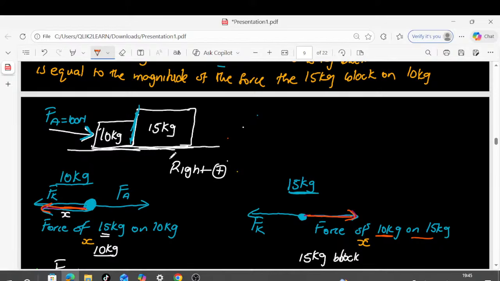Then we take the 15 kg block and drop it down so that it is hanging, and the only forces on that one will be the vertical forces. I hope everyone is with me on that. I hope you guys understand that part.